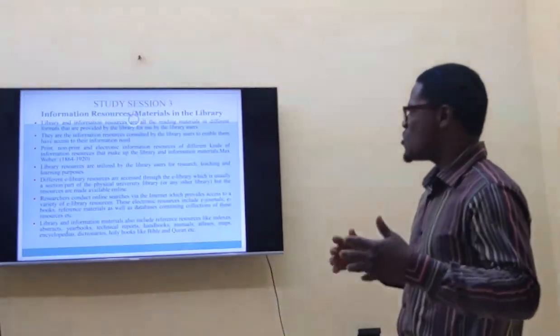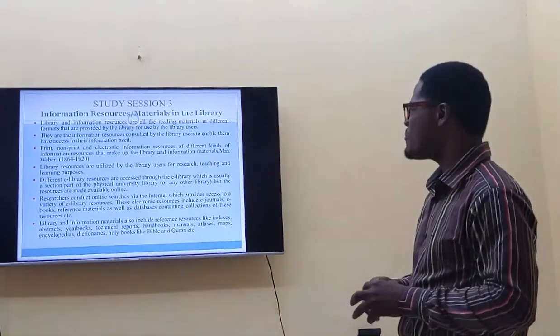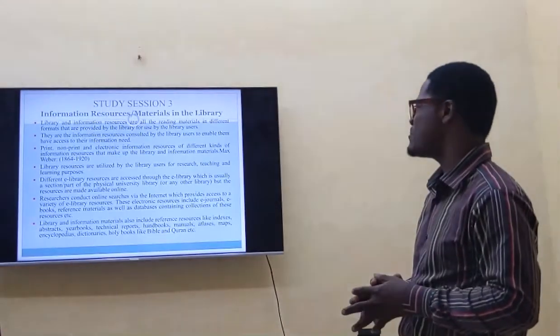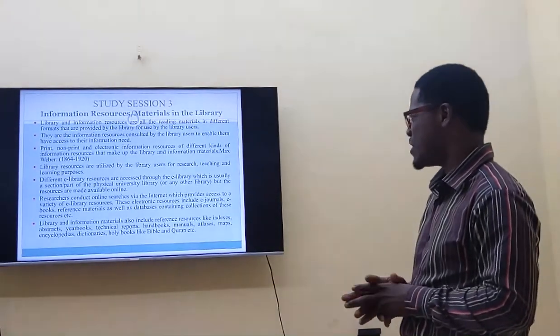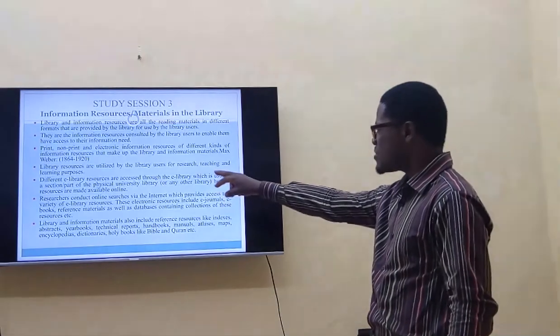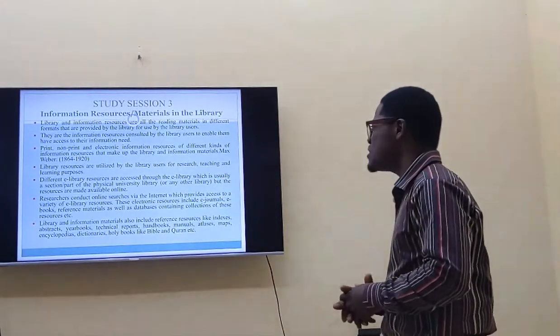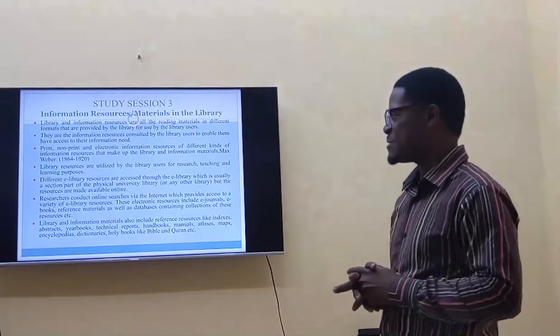Print, non-print, and electronic information resources are different kinds of information resources that make up the library and information materials. Library resources are utilized by library users for research, teaching, and learning purposes.